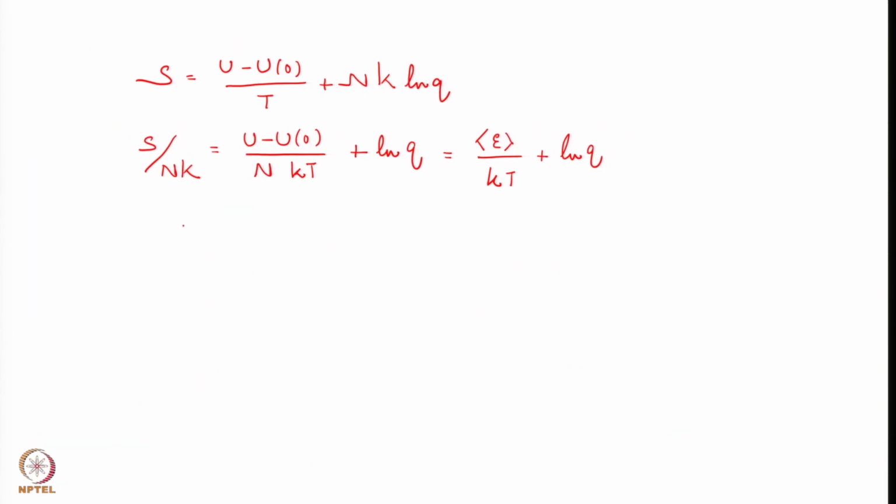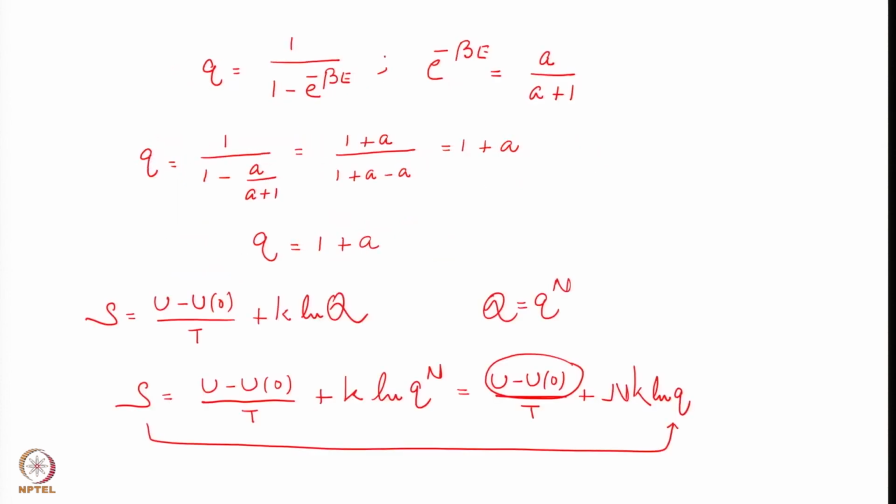So can I write now S by Nk is equal to A times E, and this 1 by kT I can write as beta, plus log q. We have expression for beta E and we have the expression for q.